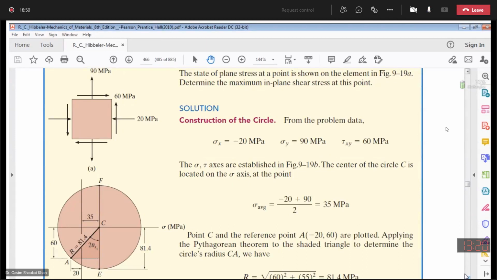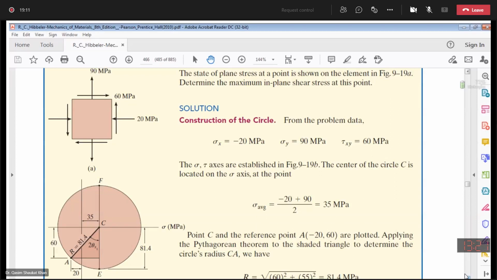In general, up to one decimal place is okay. 81.4 megapascals. So the resultant or radius of the Mohr circle is 81.4 megapascals. Okay?